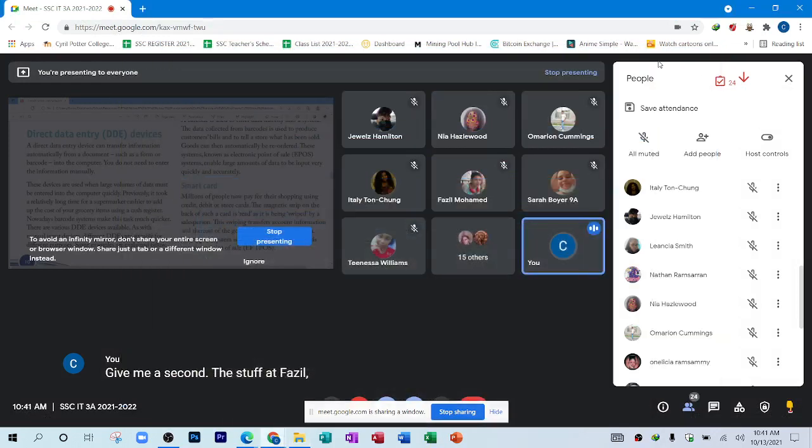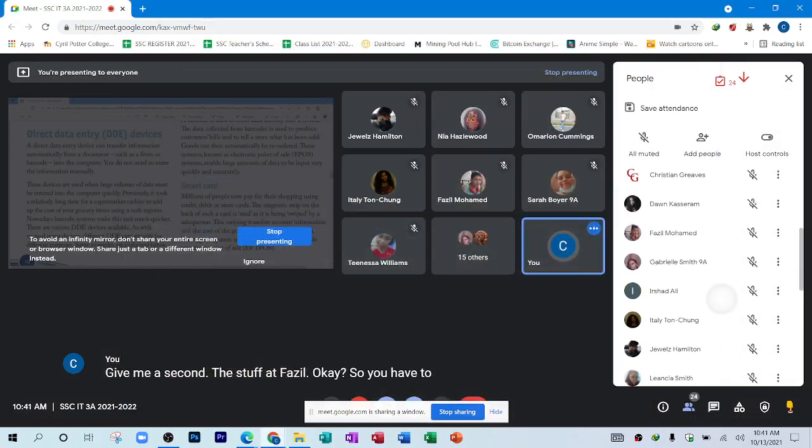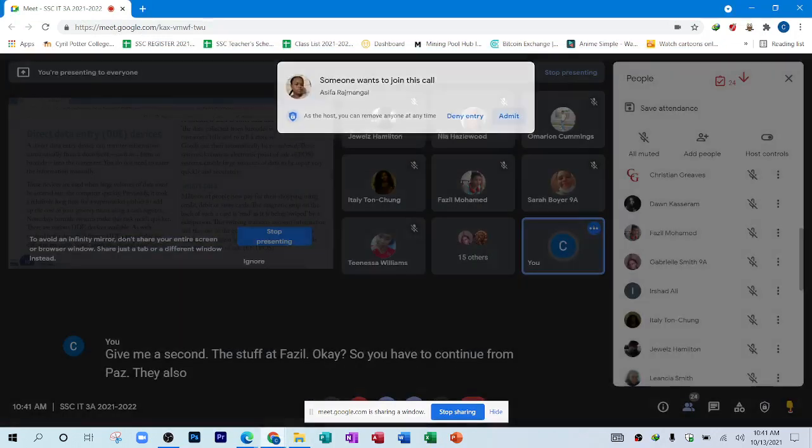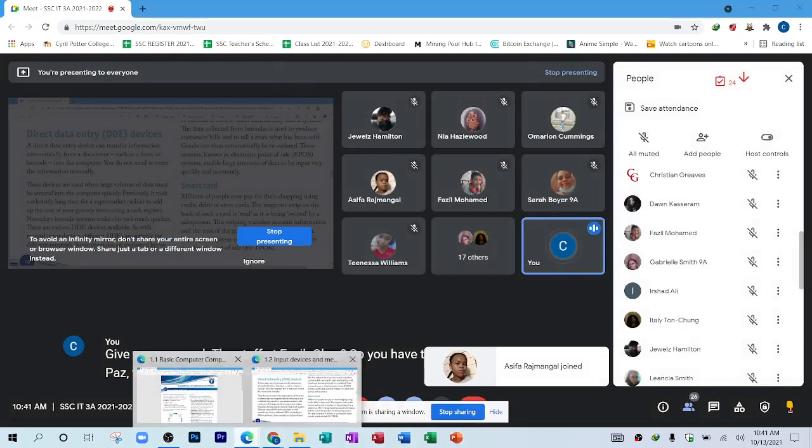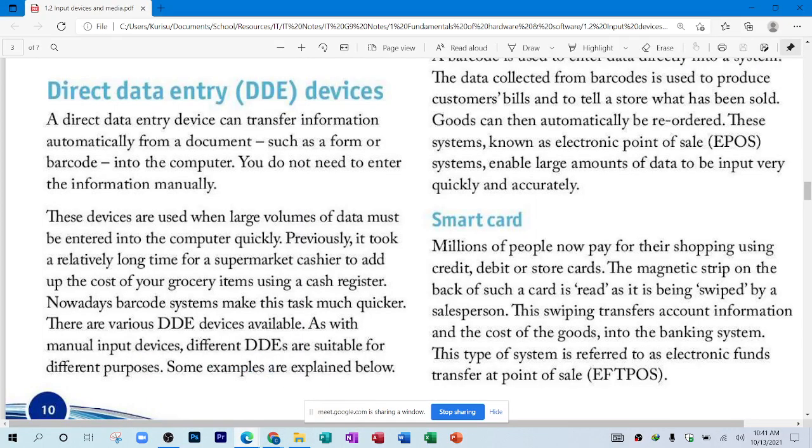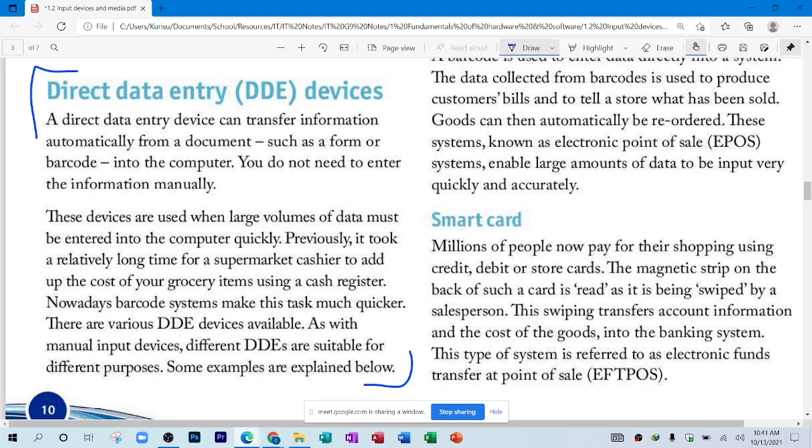Okay, so we have to continue from Fazil. So Gabrielle Smith, can you read the two paragraphs there for us? Gabrielle?